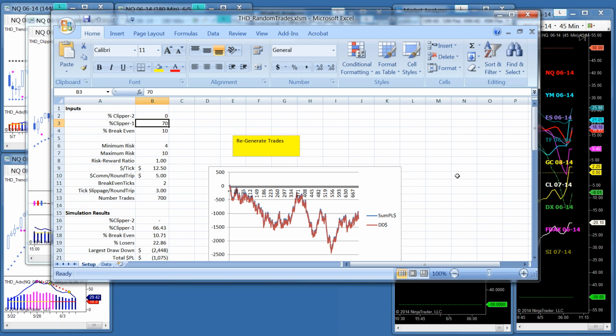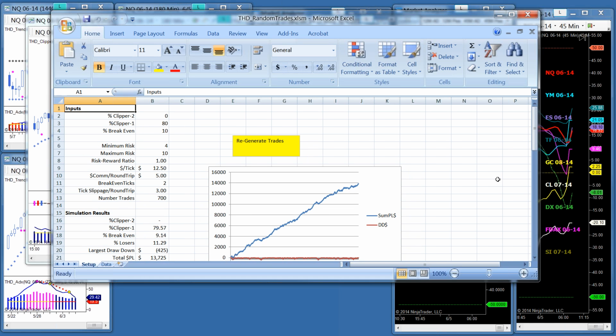Nope. 80%. 80% accuracy using 1-to-1, they would be profitable. Yeah, then they call me. And I'll tell you right now, a new trader is not going to have an 80% on a consistent basis.